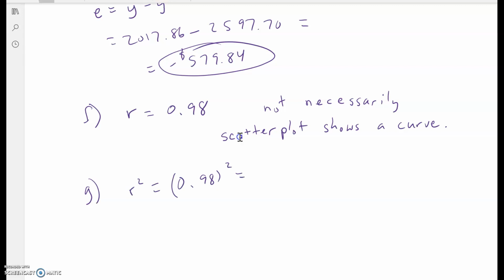If you do that on your calculator, it's like, well, this is rounded off, but it's about 0.96 or 0.97. My calculator says 0.96, but that's because I rounded off. More precise would be 0.97. Okay, that is it for this video.